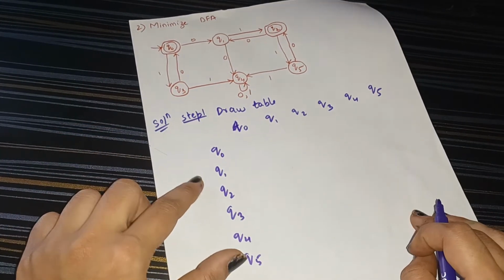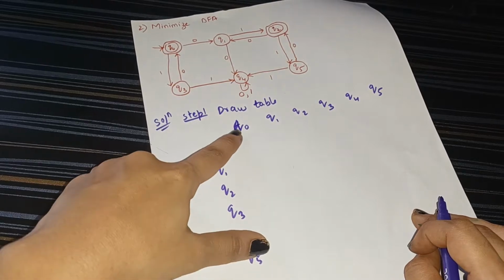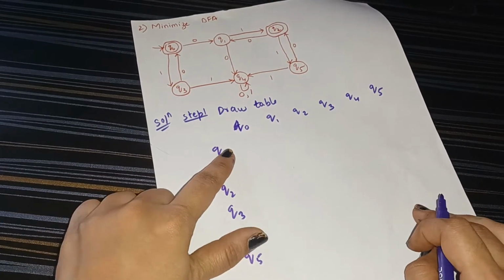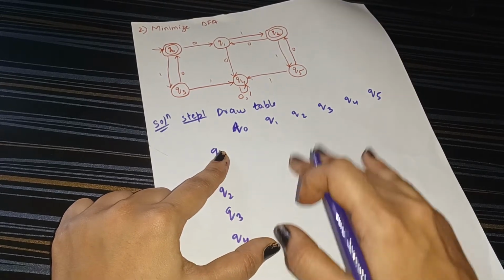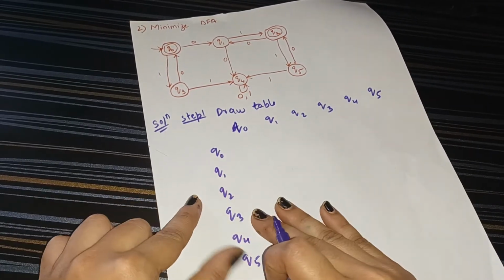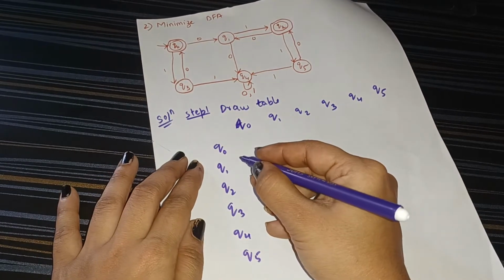As I explained in the previous session, the first two states and last two states we will be leaving, and we will be using only half of the table, because the other part of the table is similar. Okay, so we'll draw.